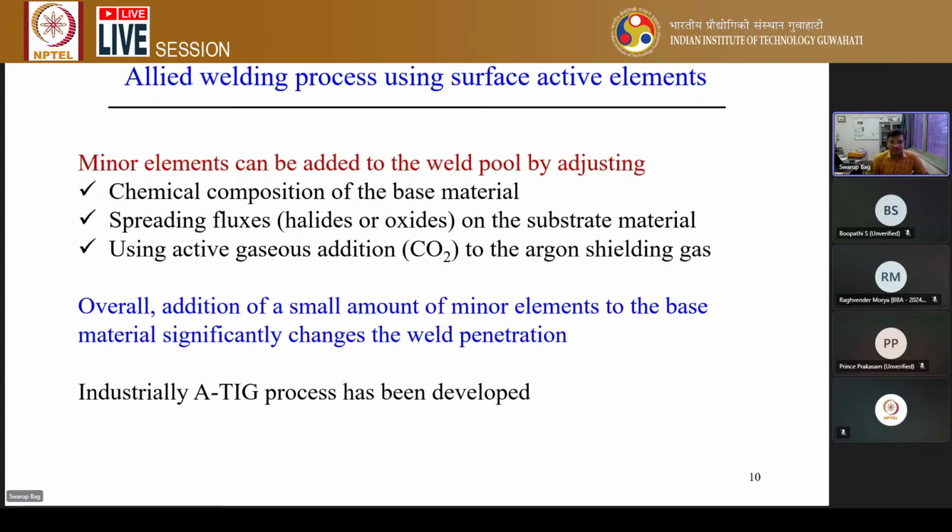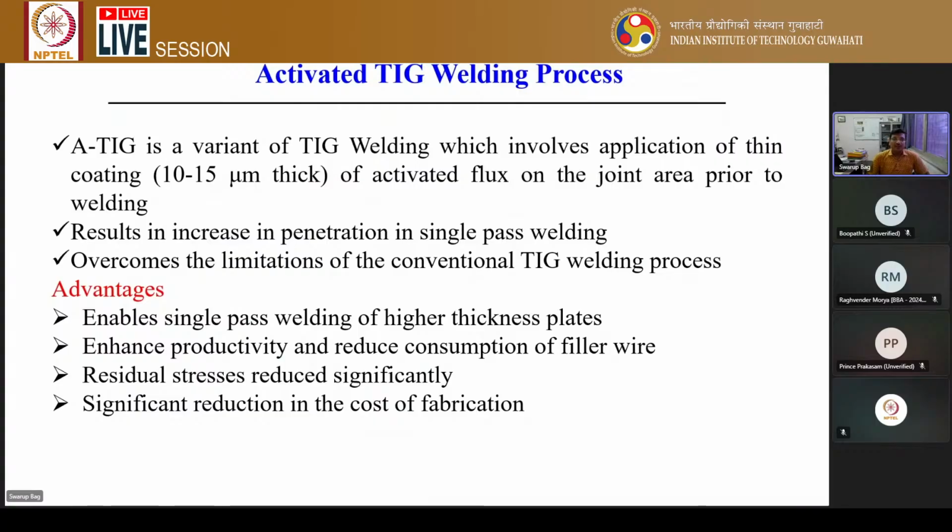And based on this concept, the activated TIG welding process has been developed. Activated TIG welding is a variant of the TIG welding process. Here we use a very thin coating of activated flux, 10 to 15 micrometers, simply painted over the surface of the joint area before the welding process.